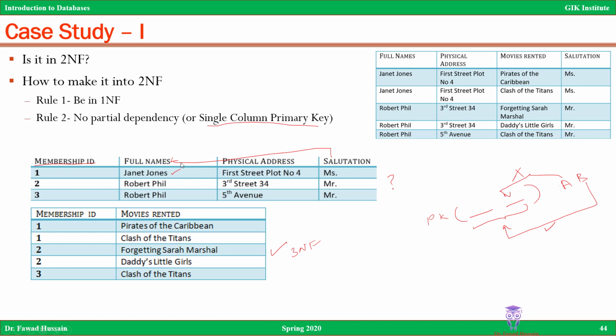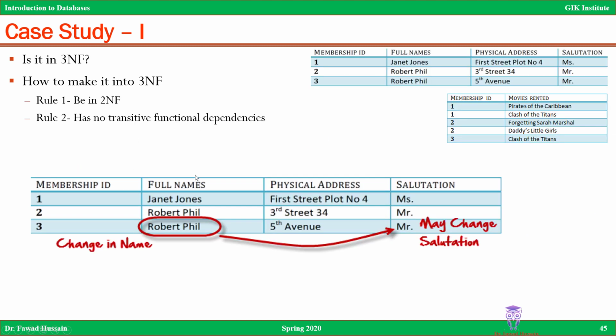As I was saying, for the third normal form, this is an example of a transitive dependency. The salutation depends on the person and the person depends on the membership. So here we have a problem with the transitive dependency. In transitive dependency, we are not constrained with the primary key. It simply means one non-key attribute is dependent on another non-key attribute which is dependent on the primary key.